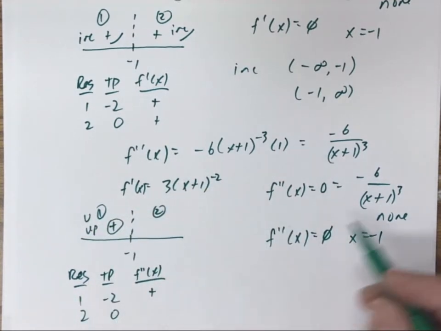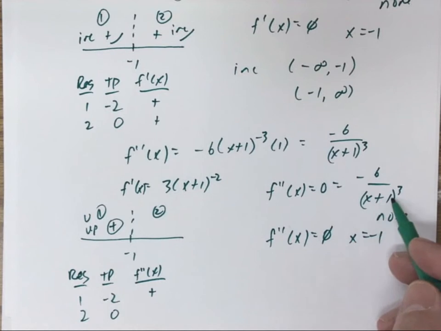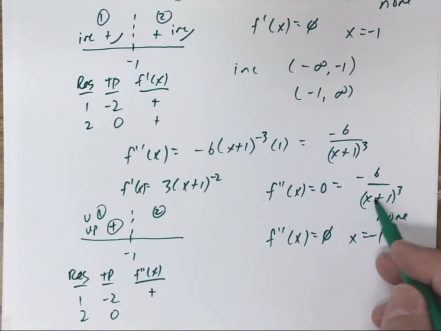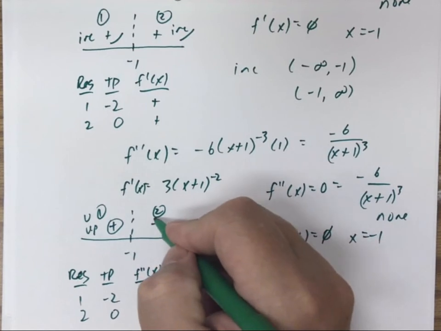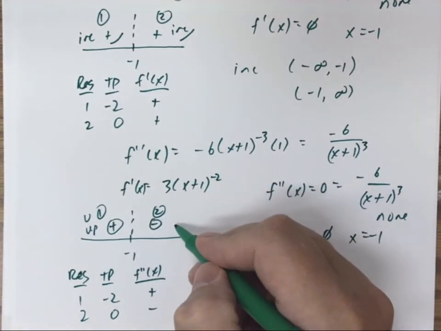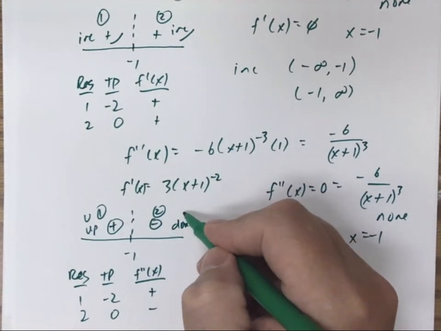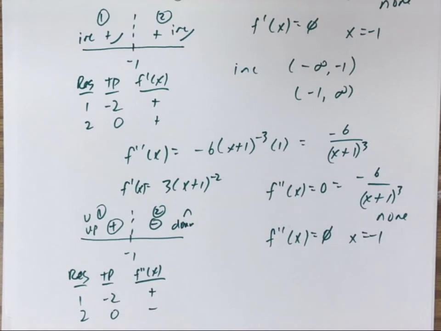Region 2, when I plug in 0 into my second derivative, the denominator is positive. I got the negative up here. Region 2 is negative, which means region 2 is concave down. And no point of inflection. So basically, that's all the information we have.